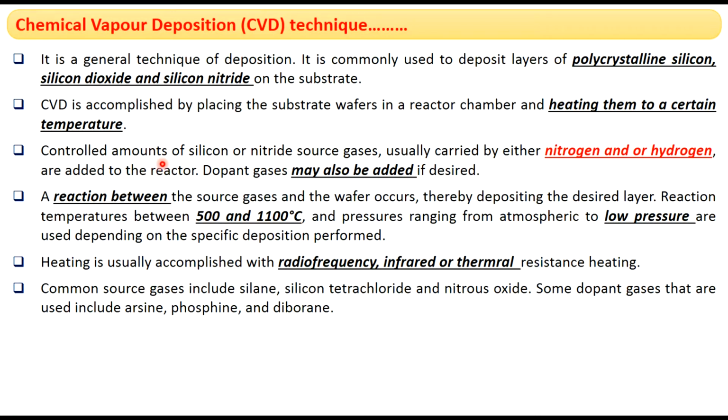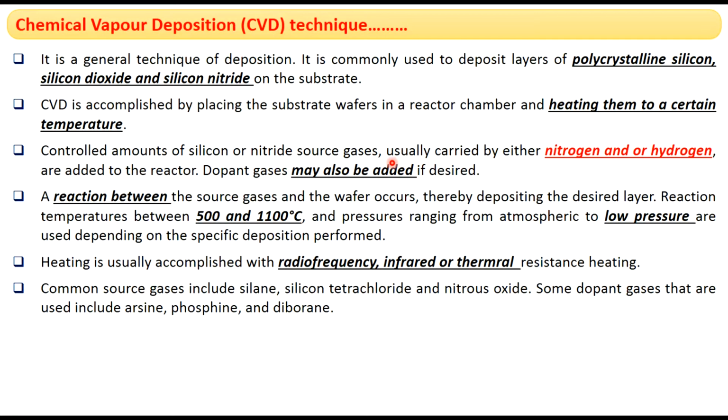Then controlled amounts of source gases like silicon or nitride source gases are introduced into the chamber with the help of carriers. Generally used carriers are nitrogen or hydrogen, or sometimes both nitrogen and hydrogen are used as the carriers.